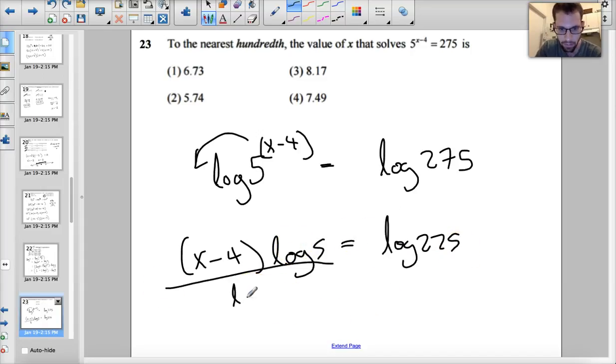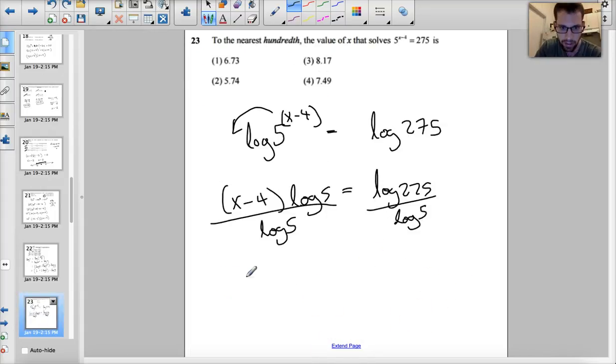Now I can divide both sides by log 5, and I get x minus 4 equals, that's a 4, just to be clear, those cancel, log 275 over log 5.